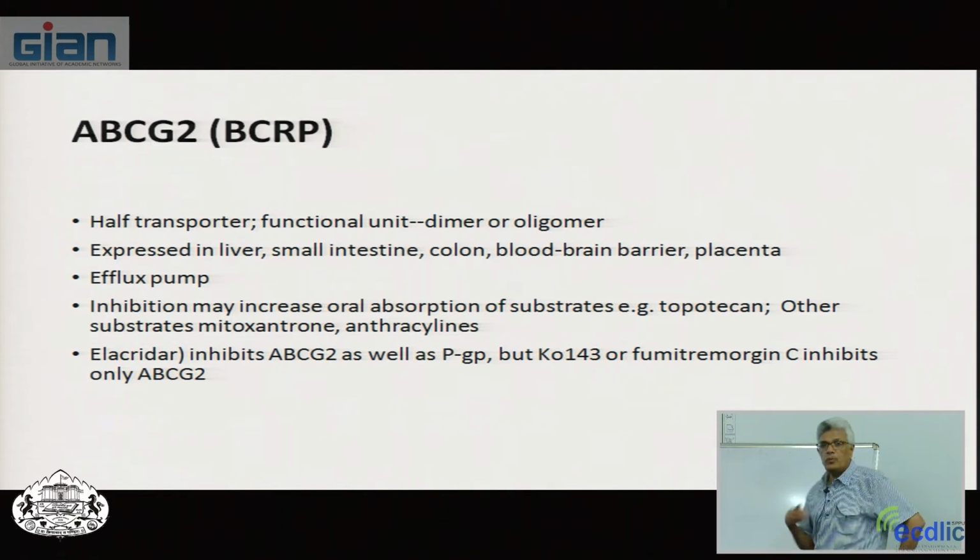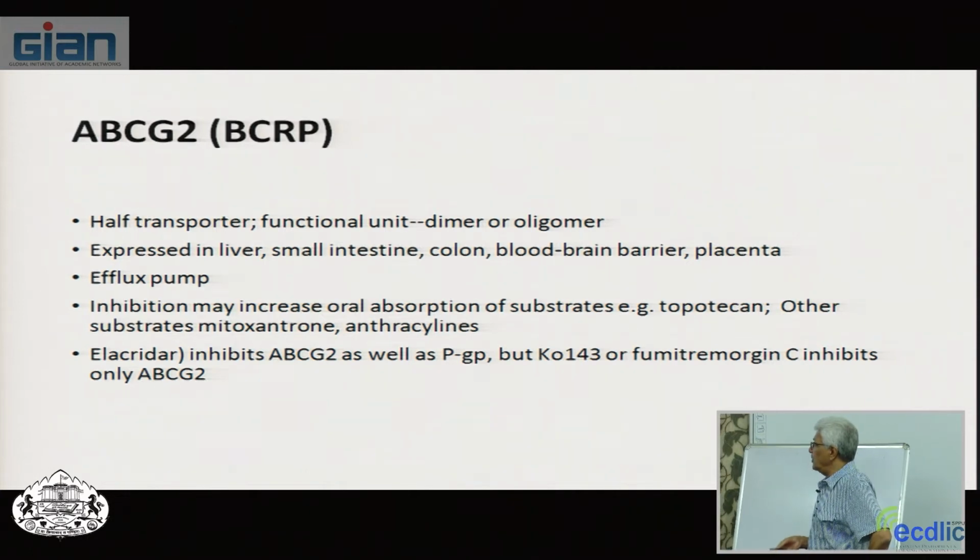So when you look at the oral delivery of drugs, you'll find that if you inhibit ABCG2, it has an effect on oral absorption of substrates like topotecan, mitoxantrone, and anthracyclines. And there are specific inhibitors for ABCG2, which are Ko143 or fumitremorgin C. This is a fungal compound isolated from fungus. Okay?